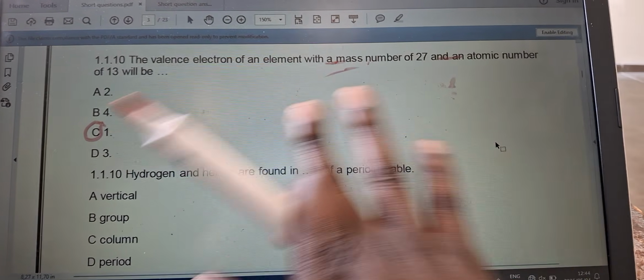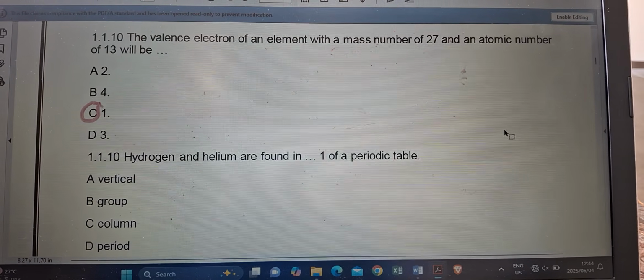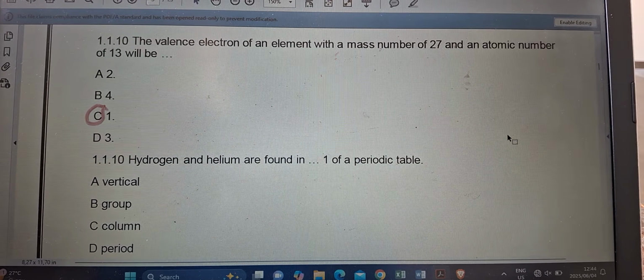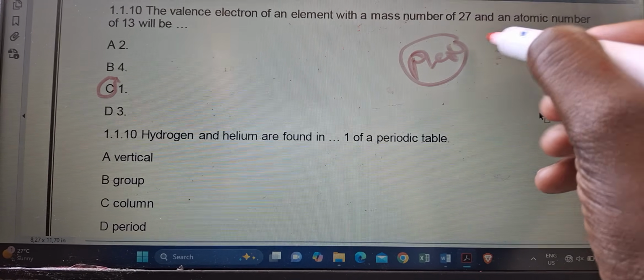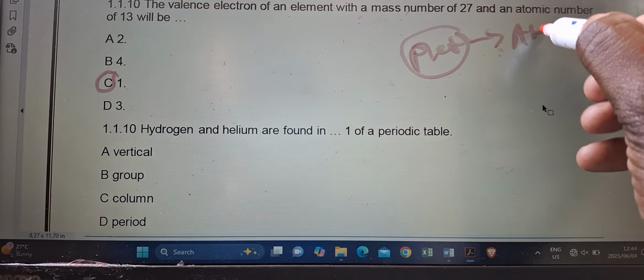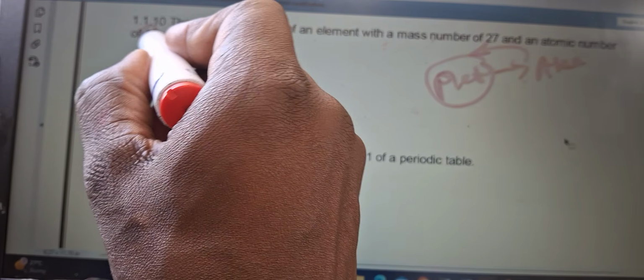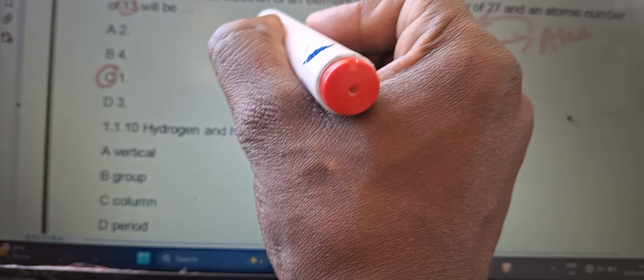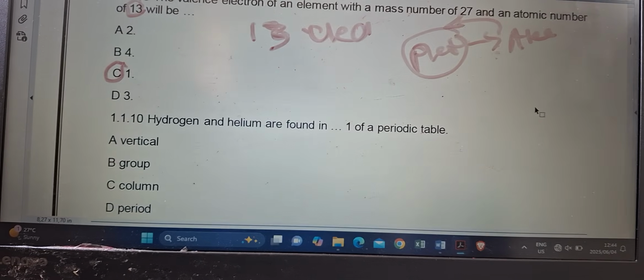Number 10, the valence electrons of an element with a mass number of 27 and an atomic number of 13. Remember, we said atomic number determines the number of protons. Now this atom of ours has 13 protons, which simply means that we will have an overall 13 electrons to maintain its neutral.